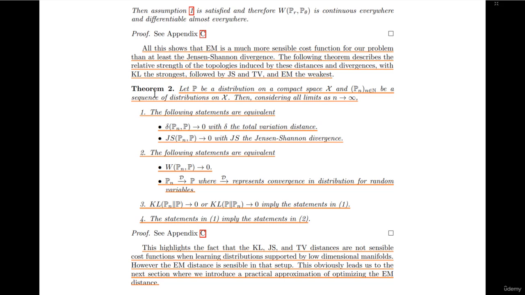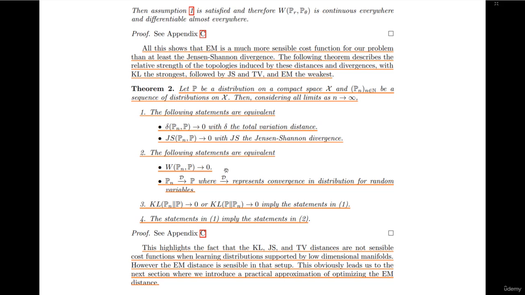Now according to theorem 2, the following statements are equivalent. We have the TV, the total variation distance, which converges, and then the JS divergence, which also converges, and these two statements are said to be equivalent. That is, if this converges, then this converges, and if this converges, then this converges.